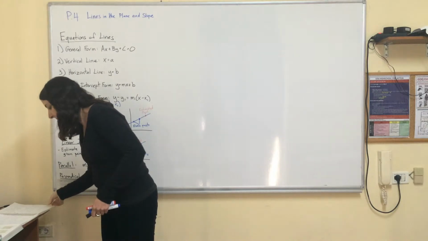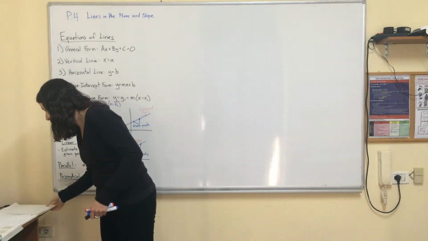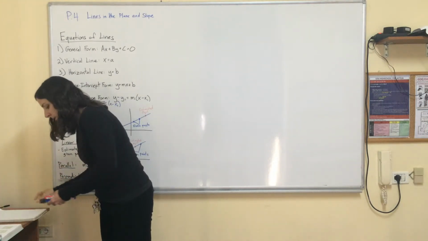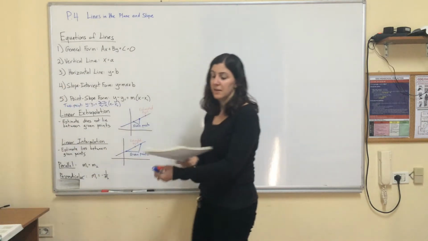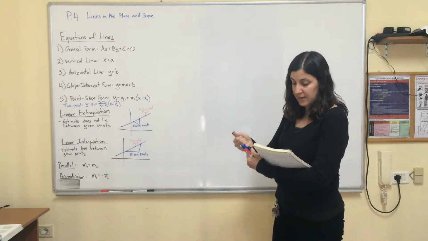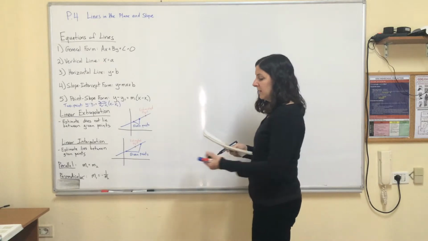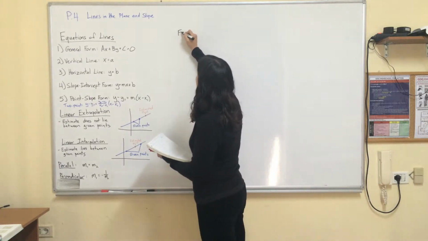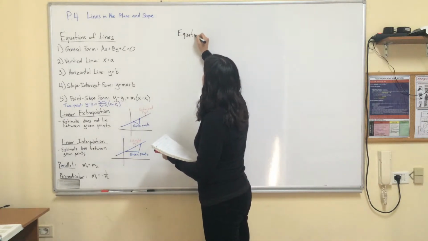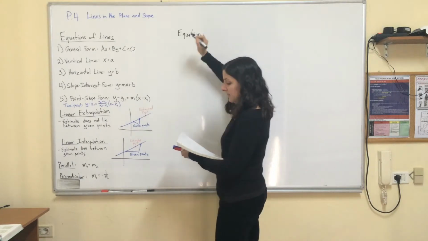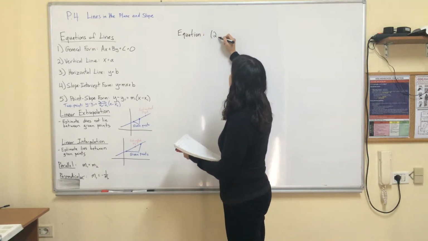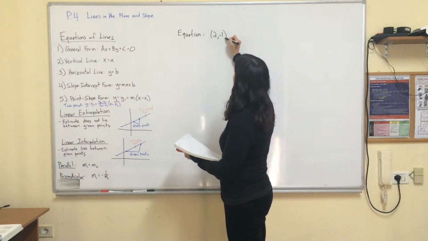So if we look at parallel and perpendicular lines, they give you an example where you have to write an equation of a line passing through (2, -1).